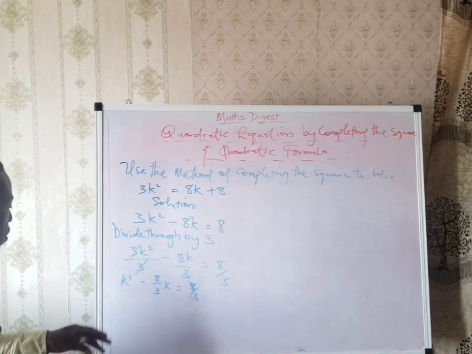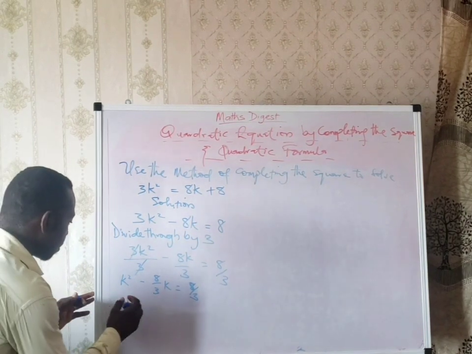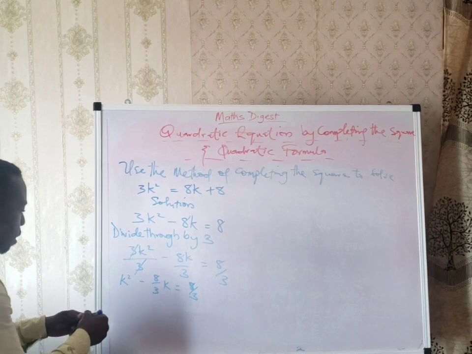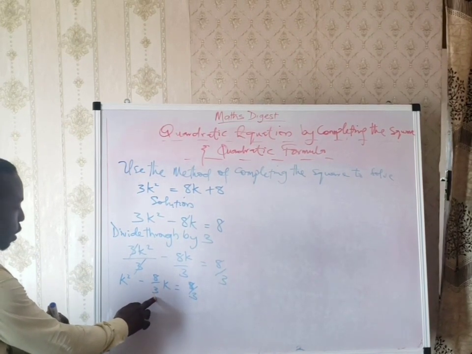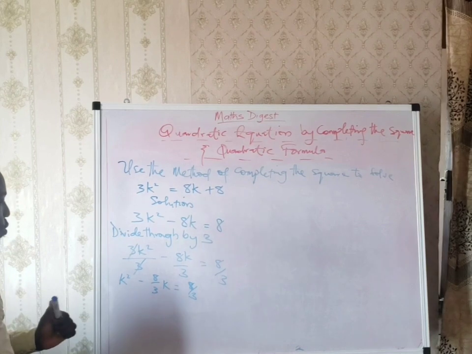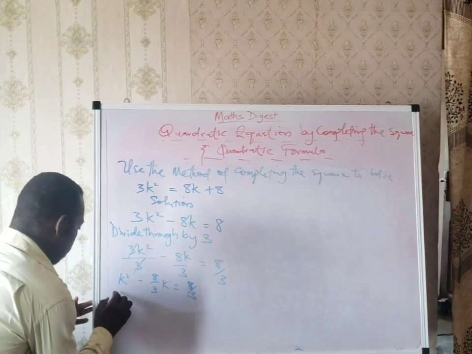Now the next thing we are going to do here is, you say, add the square of half of the coefficient of this k to both sides.